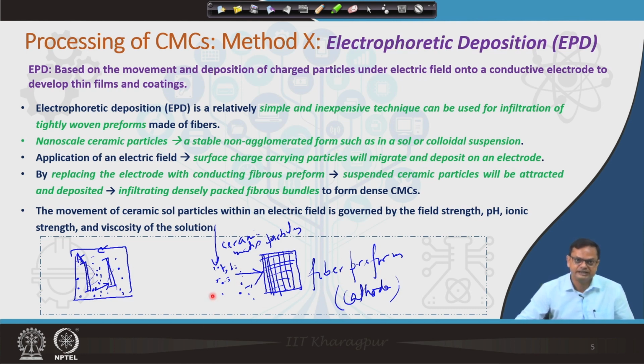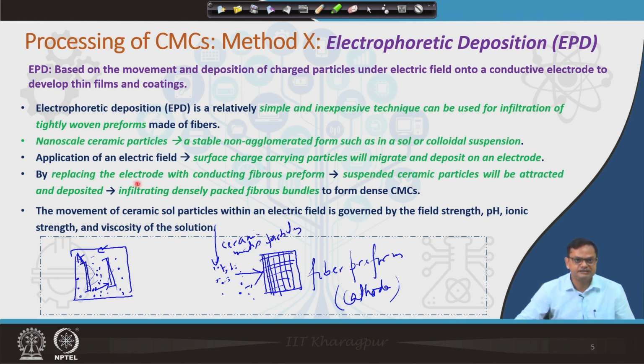As I mentioned earlier, in the electrolyte these nanoscale particles are distributed as sols, making a colloidal solution, and on application of an electric field the nanoparticles get surface charged, and they are carried to the electrodes, migrate and deposit on an electrode.